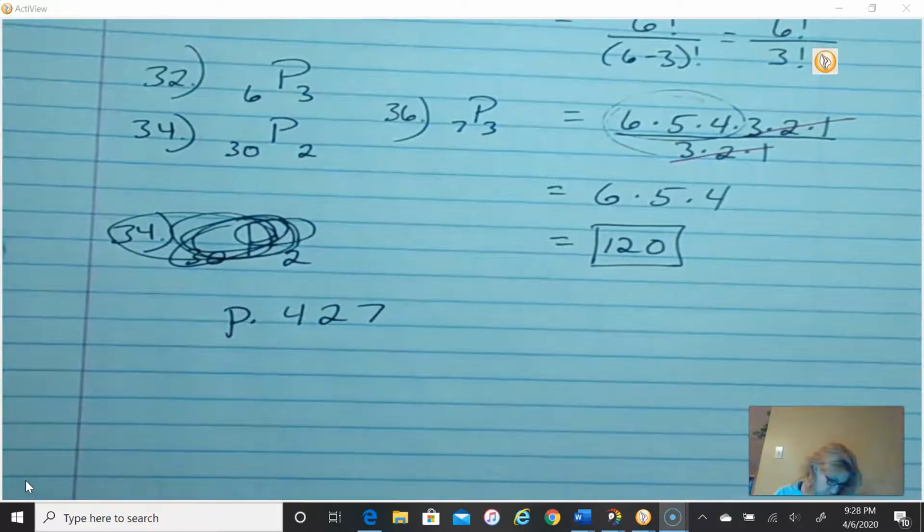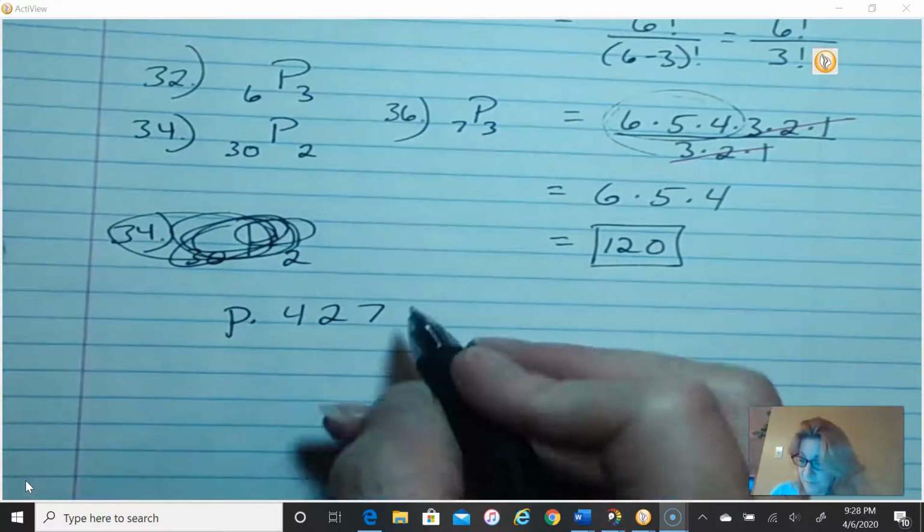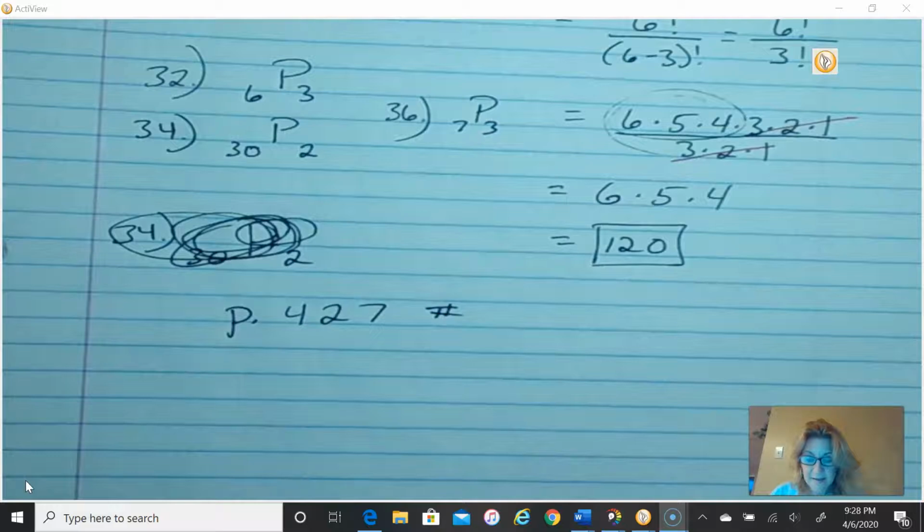Okay, so page 427. 7 to 23. Let's see, 1, 2, 3, 4, 5, 6, 7, 8, 9, 10, 11, 12.